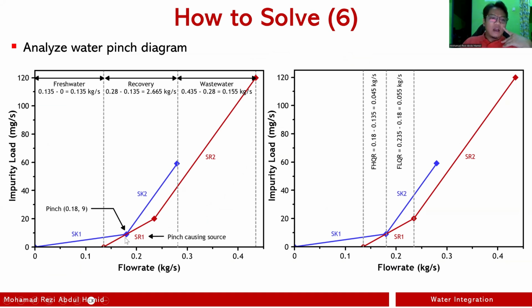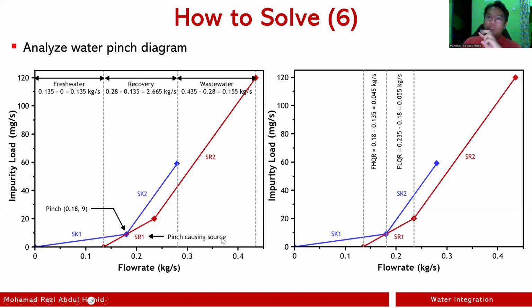In this case, the point here is 0.18 kilogram per second, and the impurity here is 20 something milligram per second. It's a typo here, it's 20 something. Now that's number one: what's your pinch? Number two is, what is the pinch causing source? If you see here, this segment belongs to SR1. So the pinch causing source is SR1.